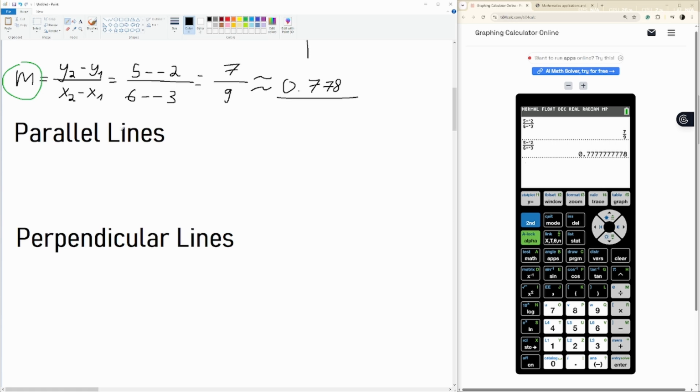So parallel lines, you mostly have to understand that if you have 2 lines, let's draw line 1 to be green and line 2 be red, and you're given that they are parallel.